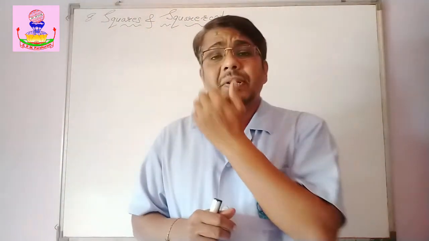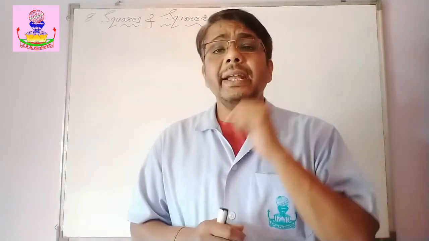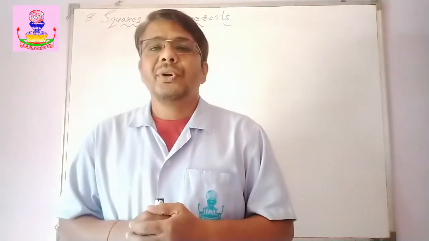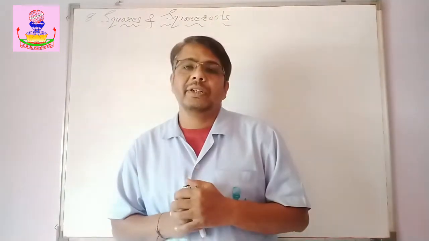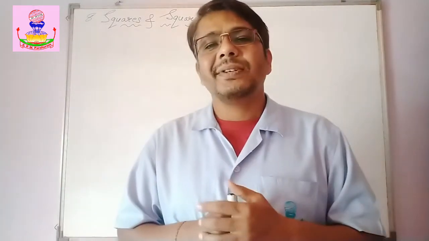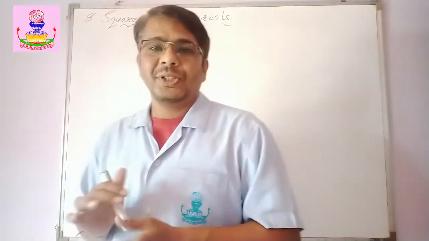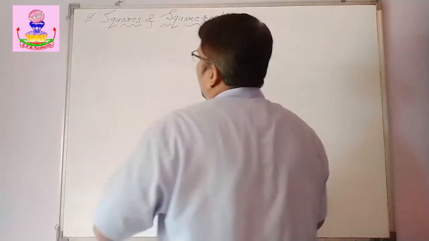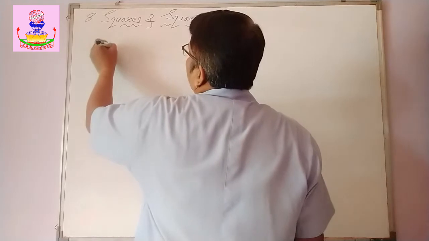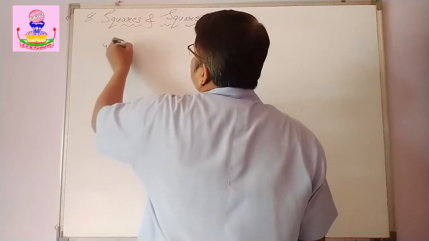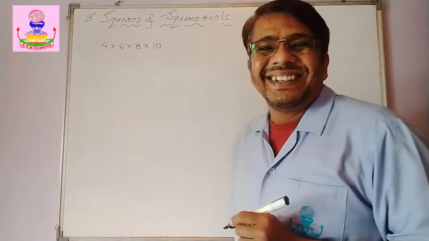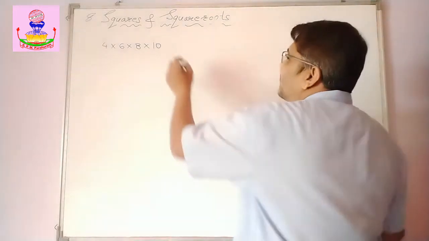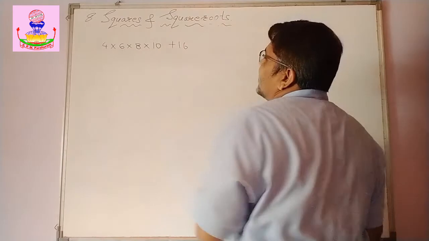The number obtained by adding 16 to the product of 4 consecutive odd numbers or even numbers is a perfect square. So for example, take 4 consecutive even numbers, 4 into 6 into 8 into 10, and add 16 to it, so plus 16.